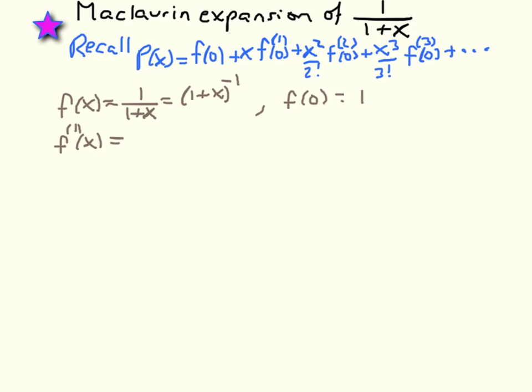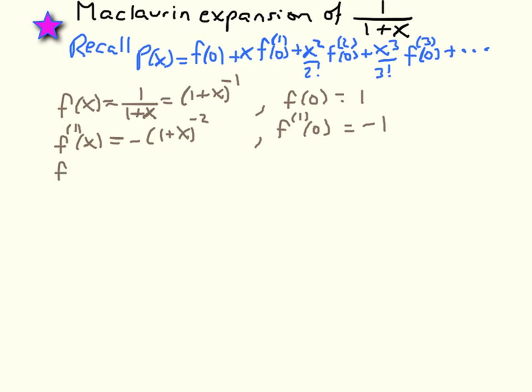So all we're going to get is minus 1 plus x to the minus 2 multiplied by 1. So I won't bother to write that. And now when we put x equal to 0 in the first derivative, we have minus 1 to the minus 2, so it's minus 1.